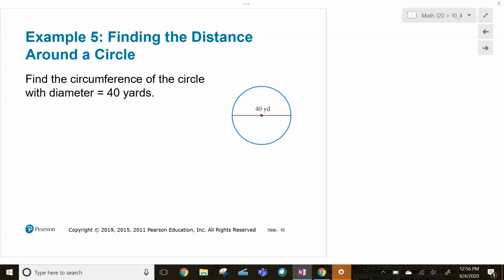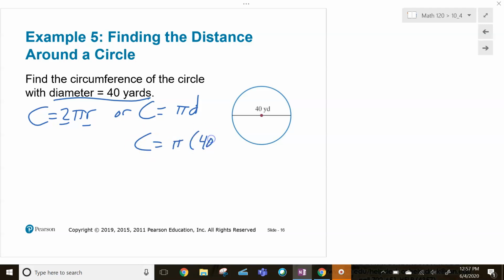Well, the circumference of a circle is 2 times pi times the radius, or if you want, since double the radius is the diameter, it's pi times your diameter. We have a diameter of 40 yards, so let's use pi times 40 yards.